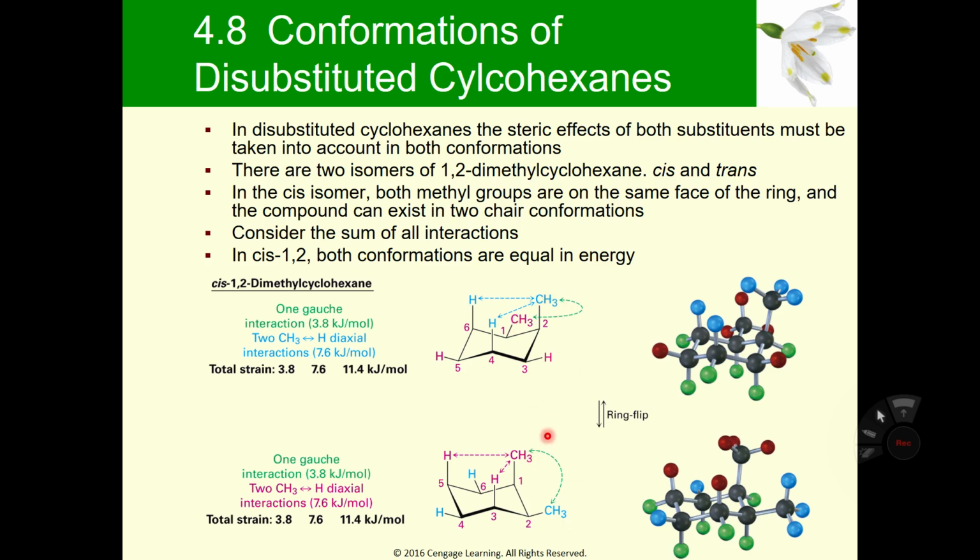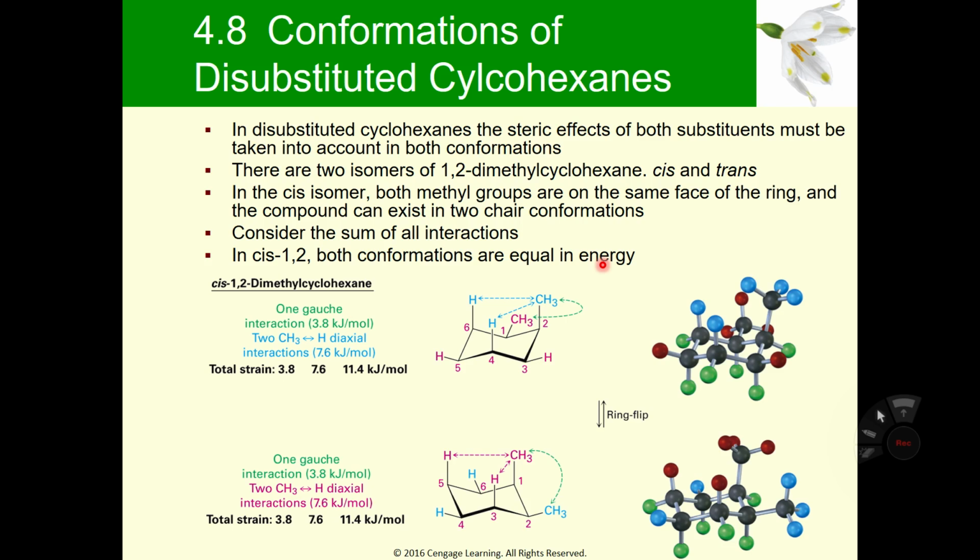Now let's try to think about the energy of the first conformer. In this case, let's think about the interaction between these two, carbon 1 and carbon 2. That is a gauche interaction, okay? You think about the Newman projection between 1 and 2 and try to think about what kind of interaction we have between these two CH3 groups.